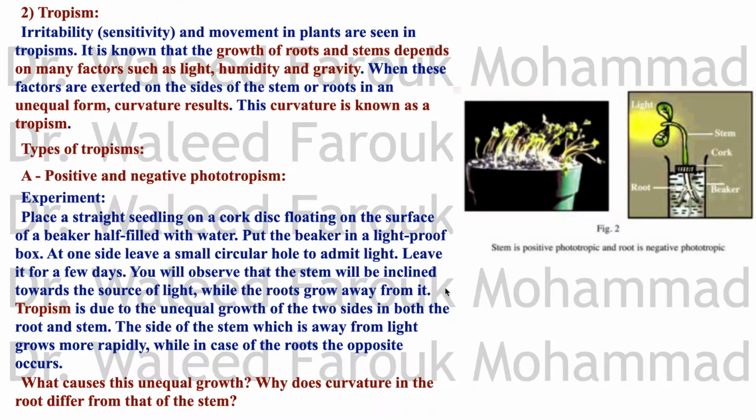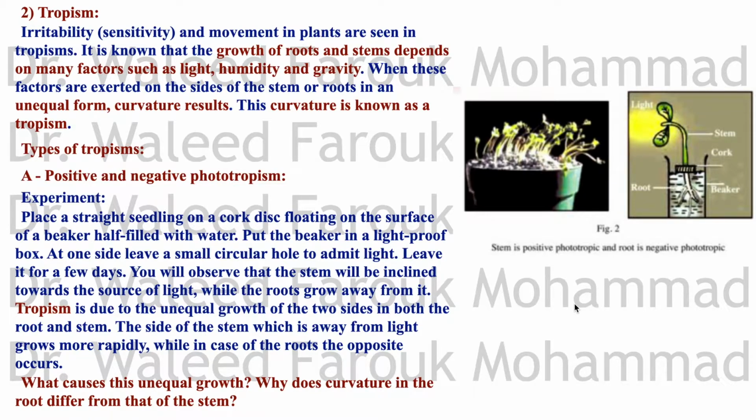At one side, leave a hole in the box to admit some light. What you will observe is that the stem will be inclined towards the source of light while the roots grow away from it. Understand this, please. The stems grow towards the light while the roots grow away from the light.